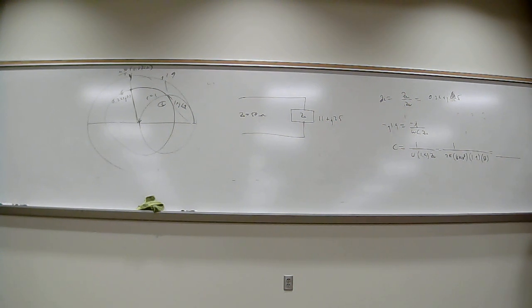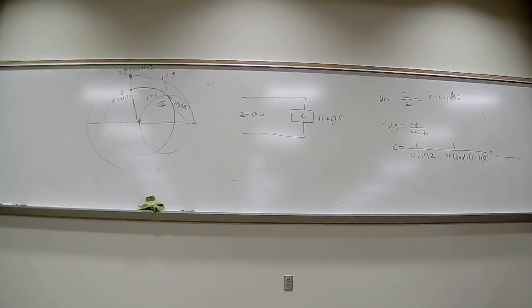Over 2 times 50 is 100. One over 2 pi times 800 megahertz times 1.9 times 50.